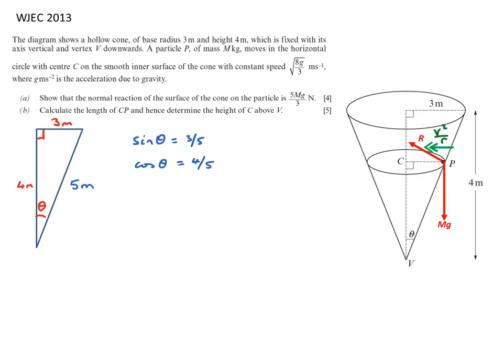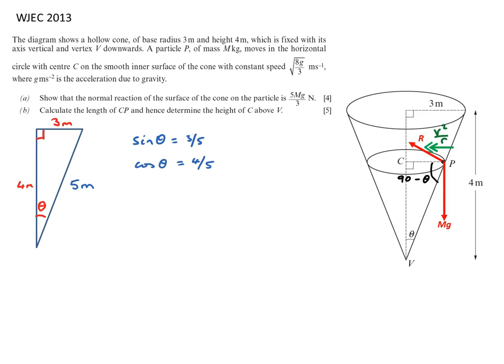We're going to start the mechanics part of the question by resolving vertically. Now, if I'm going to resolve vertically, I'm going to have to resolve the force R, which means that I could do with finding the angle that the force R makes either with the vertical or with the horizontal. So, looking at the triangle formed by C, P and V, we can see that the angle CPV must be 90 minus theta.